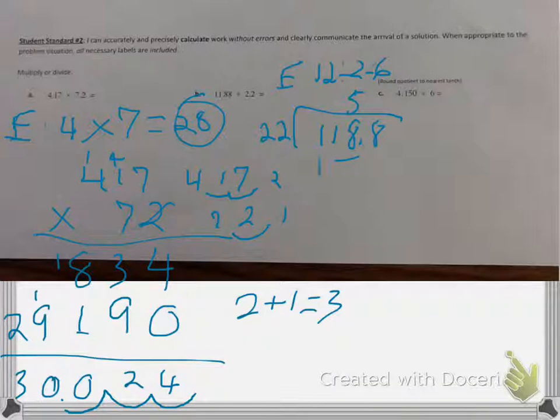5 times 22 is 110. 5 times 2 is 10. Regroup the 1. 5 times 2 is 10 plus 1 is 11. So 110. And I subtract. I'm left with 8. I regroup because now I need to split it into tenths. So I have 88 tenths split up into 2 groups, and that would be 4 in each group.